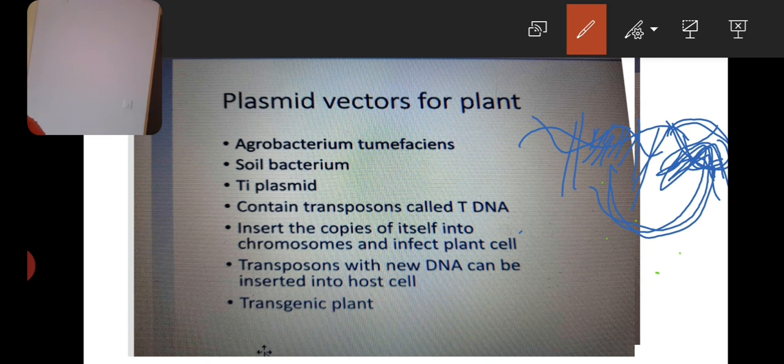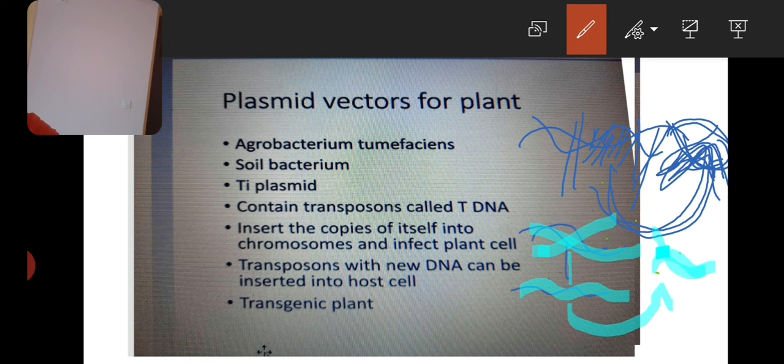When messenger RNA is produced from the DNA, and this messenger RNA produces the DNA back, then it is called the reverse transposon.